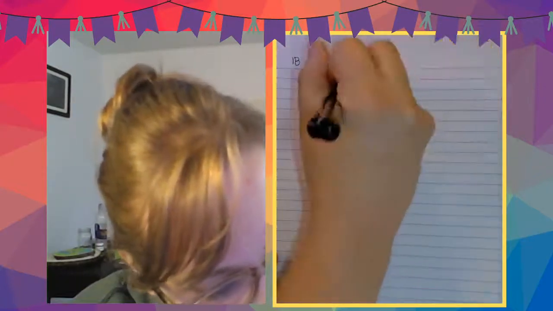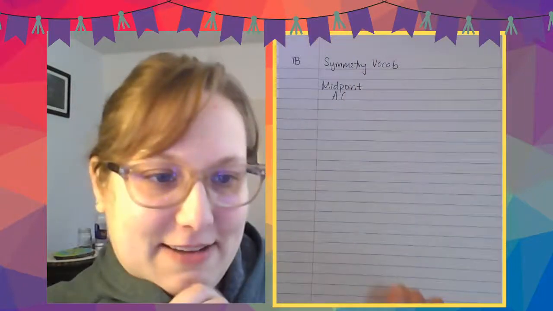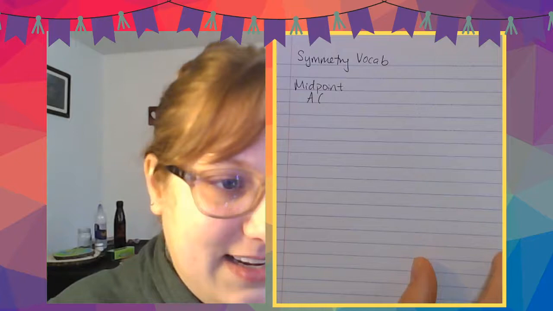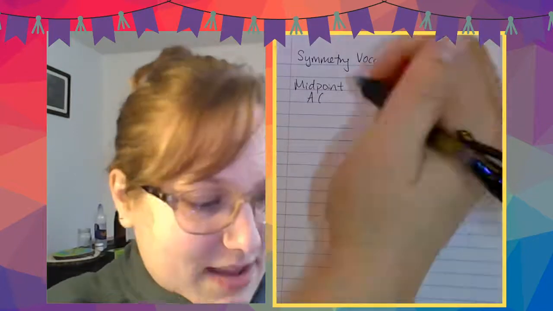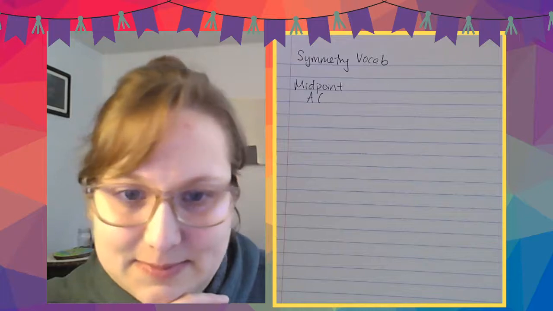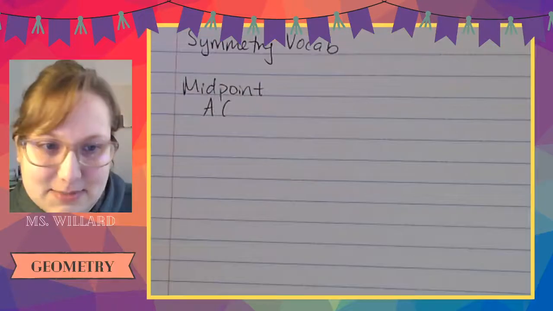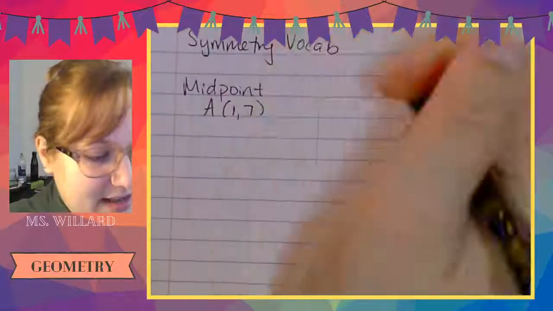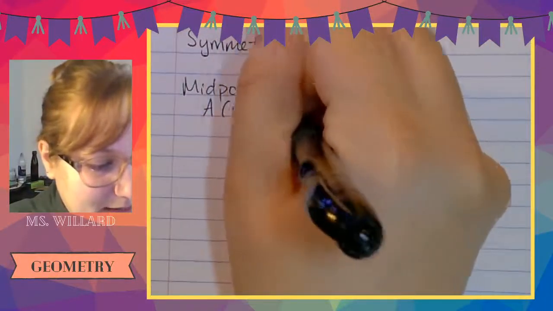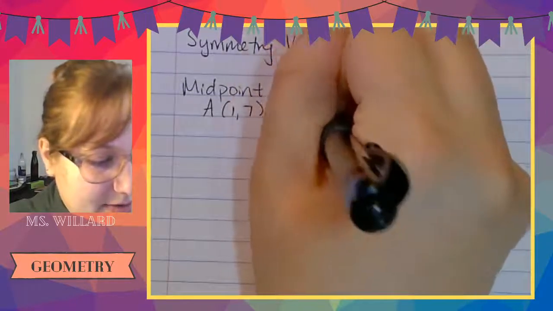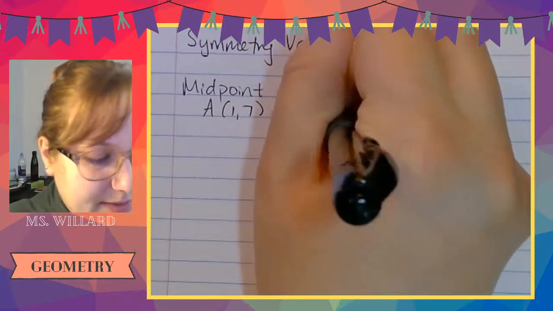So let's say that I have 2 points. I have point A. I really hope it's not as fuzzy as it looks on my screen, you guys. I can't tell. I have point A, which is at the point (1, 7). And I'm going to say that point B is at the point (-3, 3).